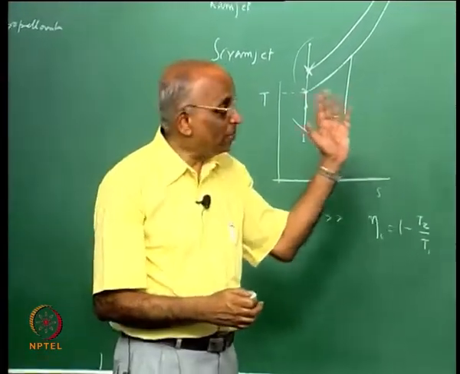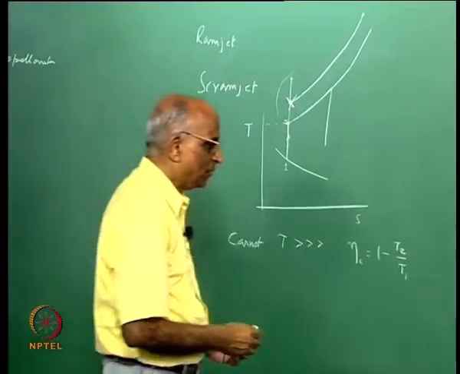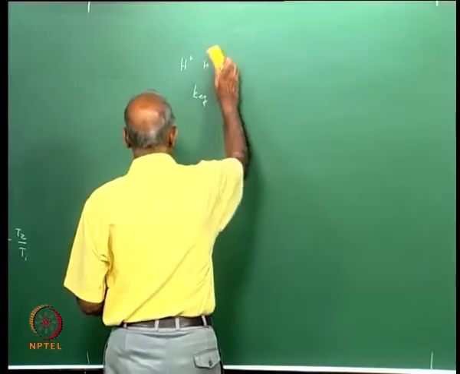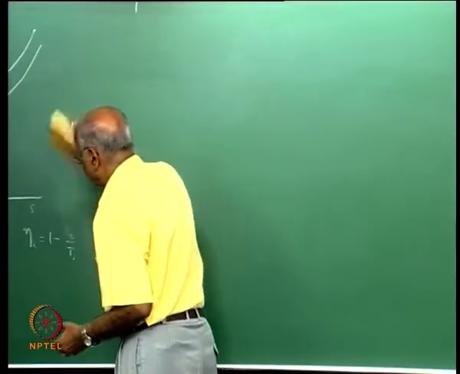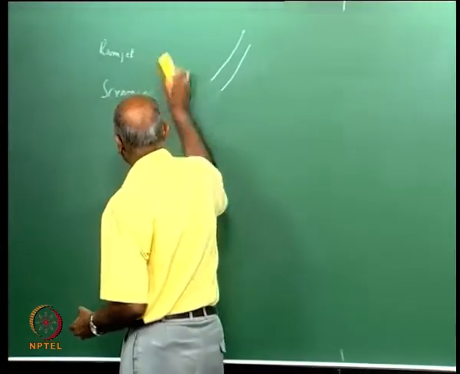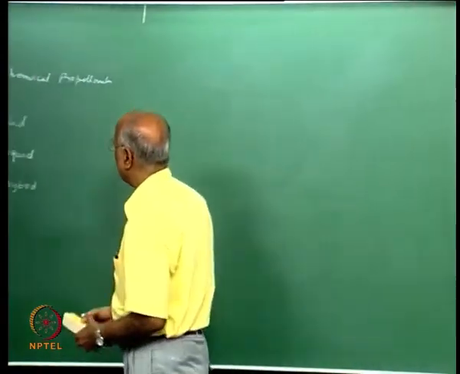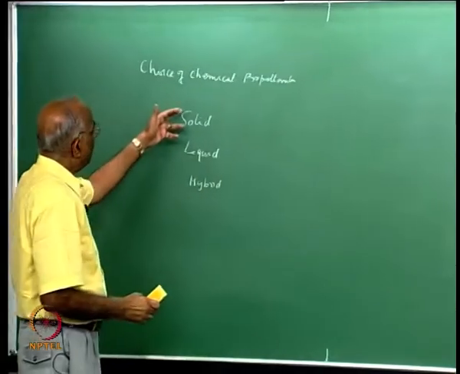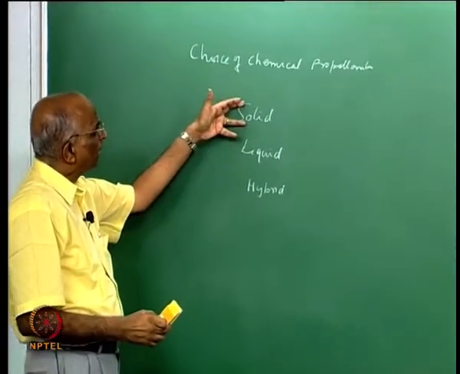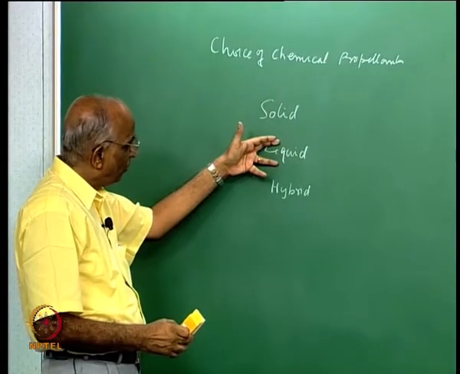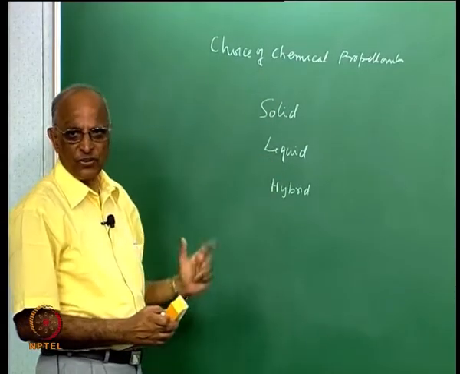I think we must learn to do these things, and maybe we should do it in the project which each one of us will be doing on dissociation, right. Having said that, let us keep the focus of this class very clear. We want to examine the different choice of chemicals which can be used for solid propellants, liquid propellants, hybrid propellants.